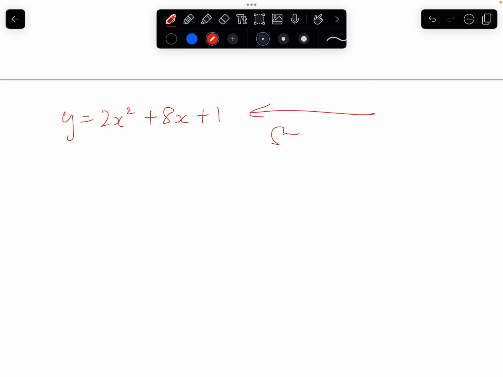This is what we call the standard form. That's the original equation that we have. Now, what I really want to show you is how this could be done without actually using the vertex form.